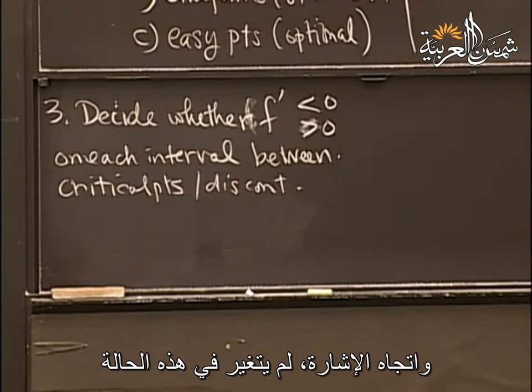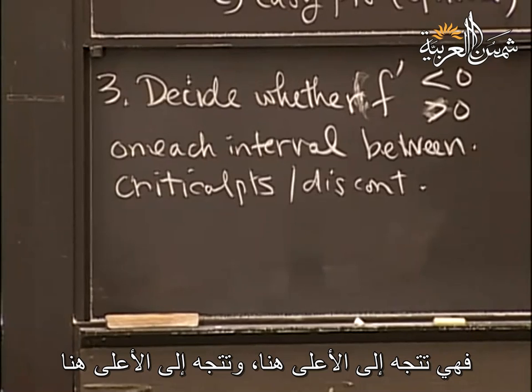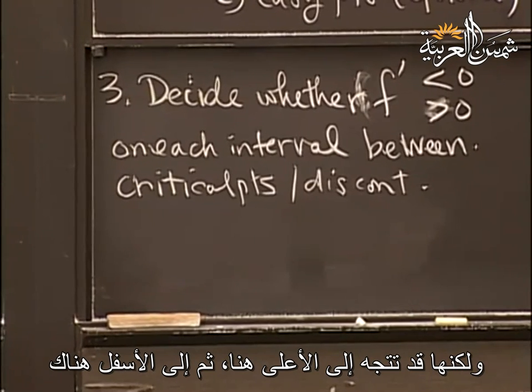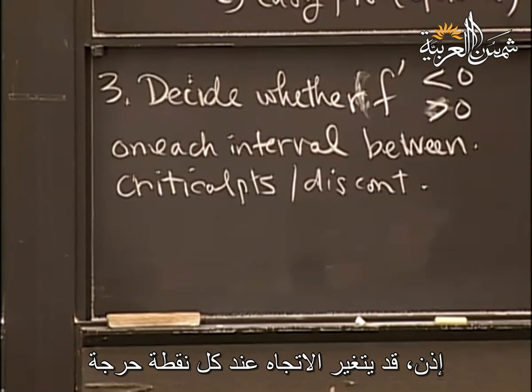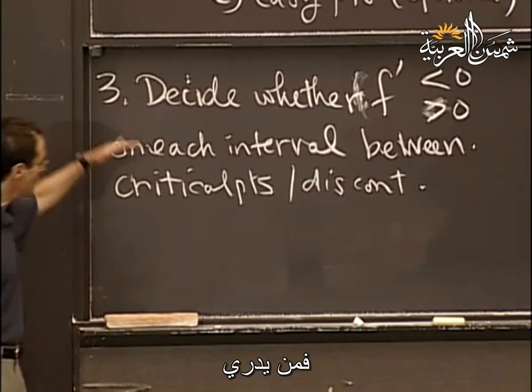The direction of the sign, in this case, doesn't change. It goes up here, and it also goes up here, but it could go up here and then come back down. So the direction can change at every critical point. It can change at every discontinuity, and you don't know.